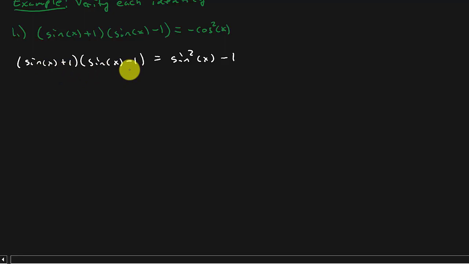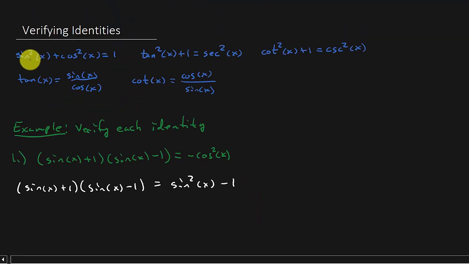So we've got sine squared x minus 1, and we're trying to get to cosine. Is there anything we know that can get us from something in terms of sine to something in terms of cosine? Well, this identity up here, sine squared plus cosine squared. If we solve this for cosine squared, we get cosine squared x equals 1 minus sine squared x.